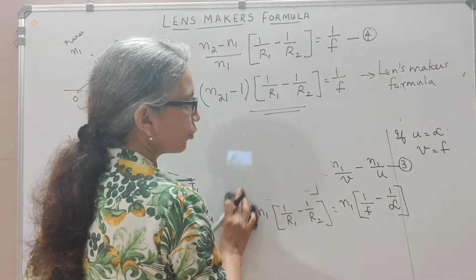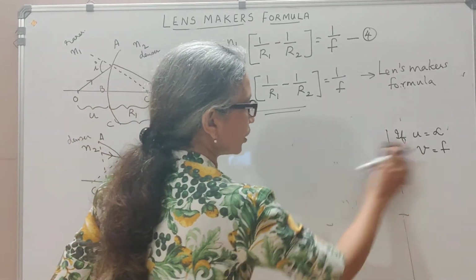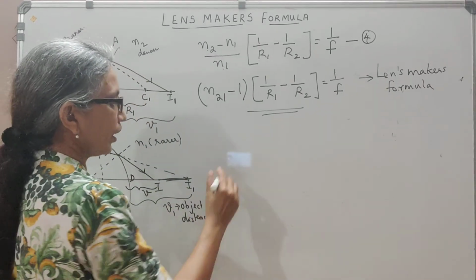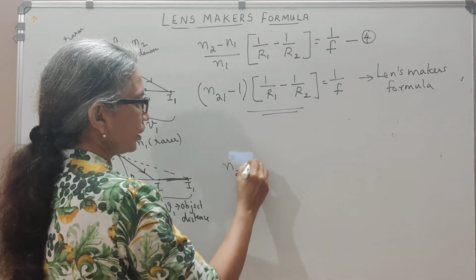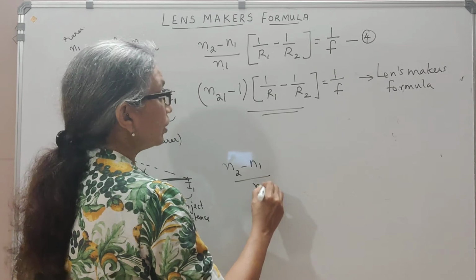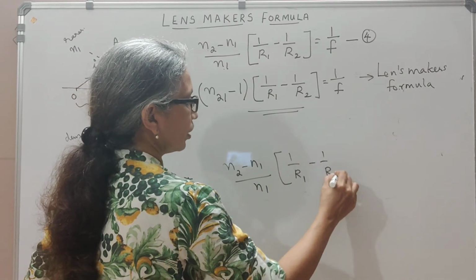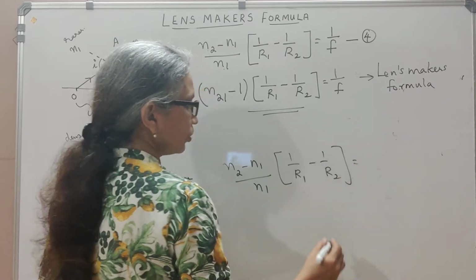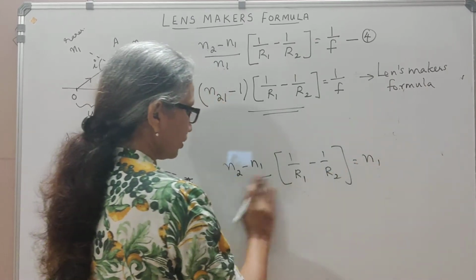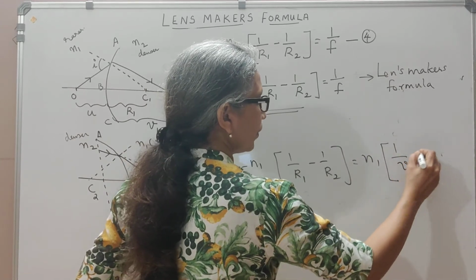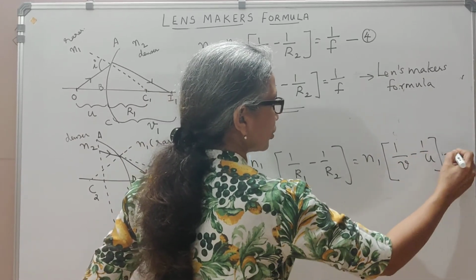Okay. Now if you compare this equation 3, I'm sorry I rubbed it off. Equation 3 that we had was N2 minus N1 by N1 into 1 by R1 minus 1 by R2 is equal to N1 bracket 1 by V minus 1 by U. This was your equation 3.